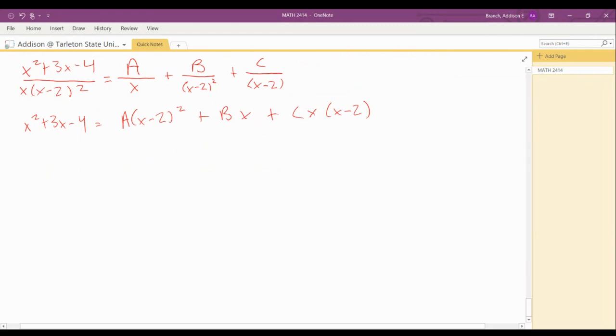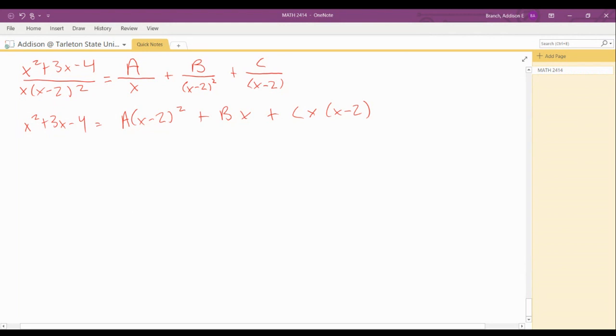All right, so now let's see what we have. Looking at this, there's not really a good way to do the method we were doing earlier, where we just pick a number to cancel some things out. The big thing is that we wouldn't have a good number to solve for c.